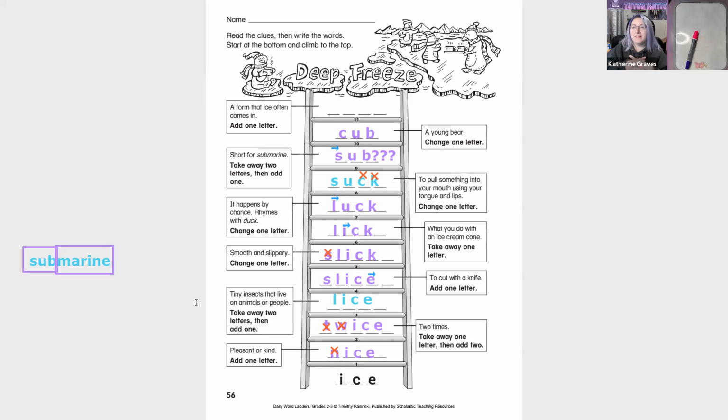A form that ice often comes in. Add 1 letter. Refrigerator. Yeah, but I have ice and it's going to take a shape.